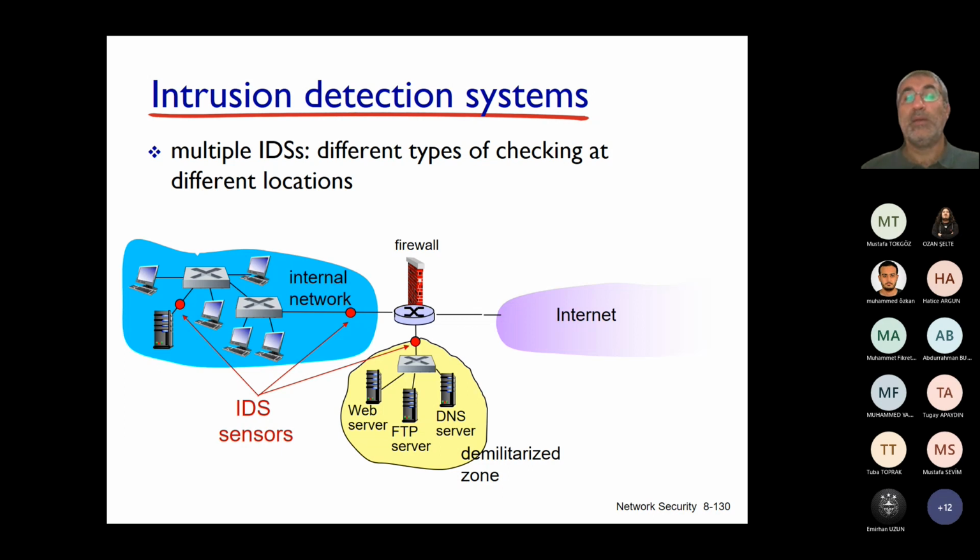We have a similar approach in the network. It is like a security person. We put one at the beginning of my network, another at the beginning of the server, another at the beginning of another zone. This way, I try to detect the bad guys, intruders, to my networks.